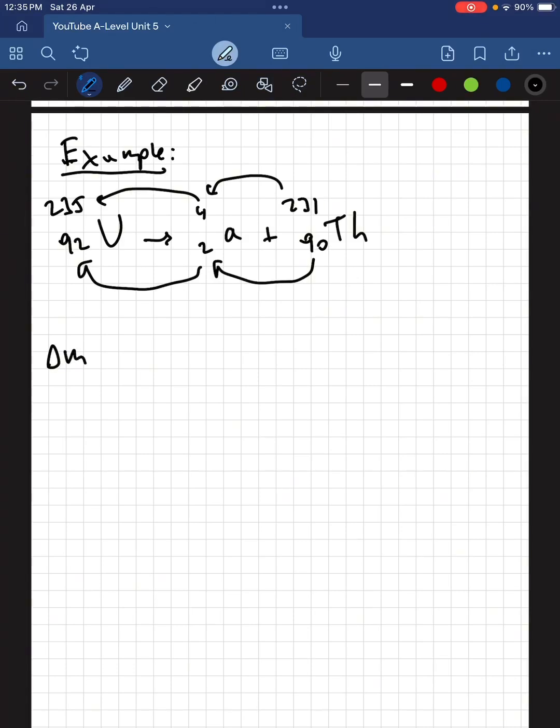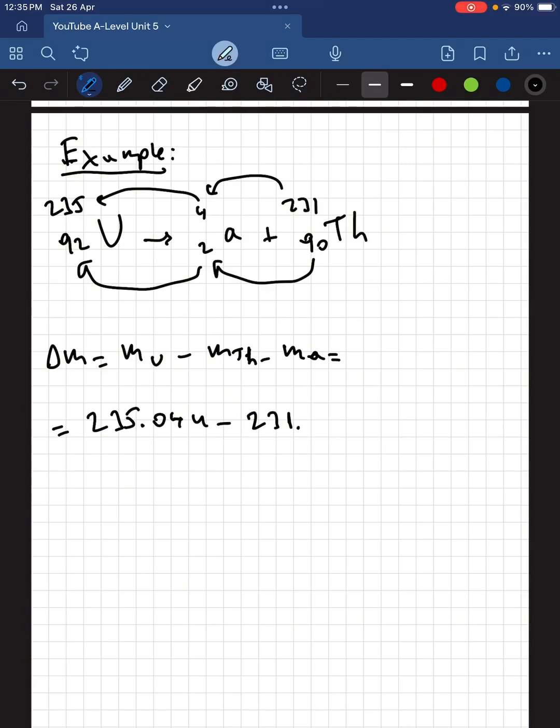Okay, the mass deficit is the mass of uranium minus the mass of thorium minus the mass of the alpha particle. Mass of uranium is 235.04 u, and again, in a scenario where they ask you to find this, they will provide the masses. Okay, you don't have to remember that.